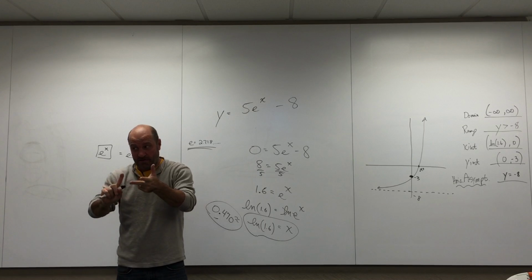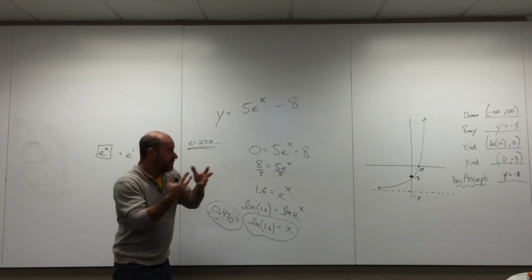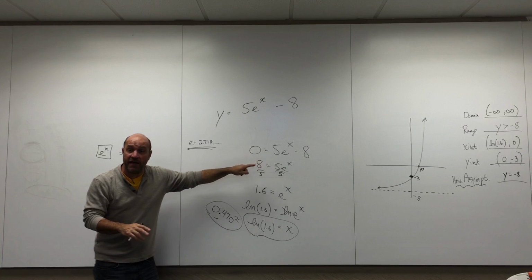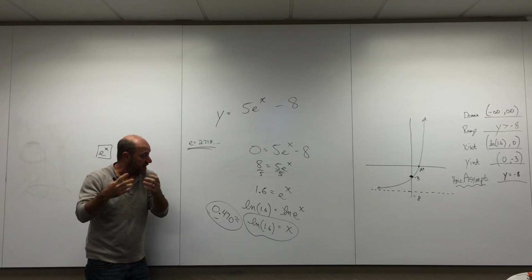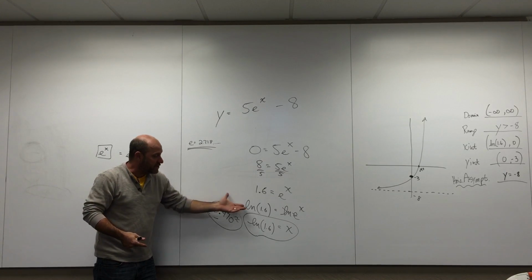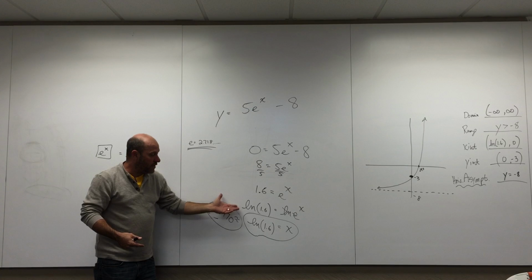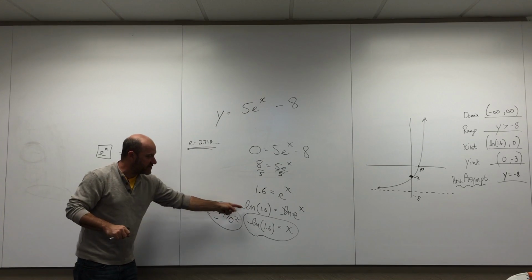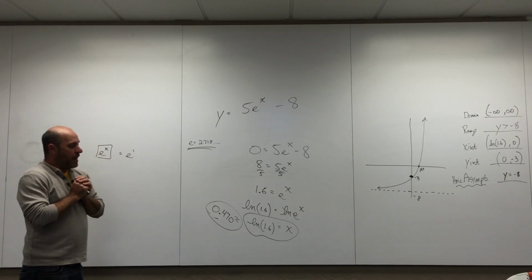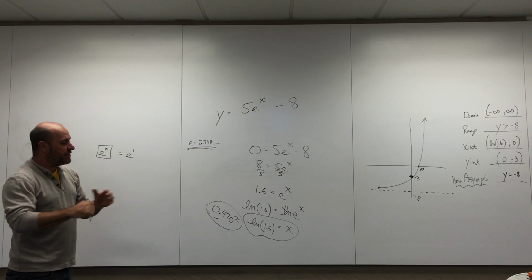There's log base 10, there's log base 2, there's log base 7. Anyway, for this problem, since it was base e, I used something called log base e. But log base e is very special. It has a name called the natural logarithm. So there are other logarithms with different bases. This is special. This goes with the e. It's the cousin of the e function. It's the inverse of the e function.